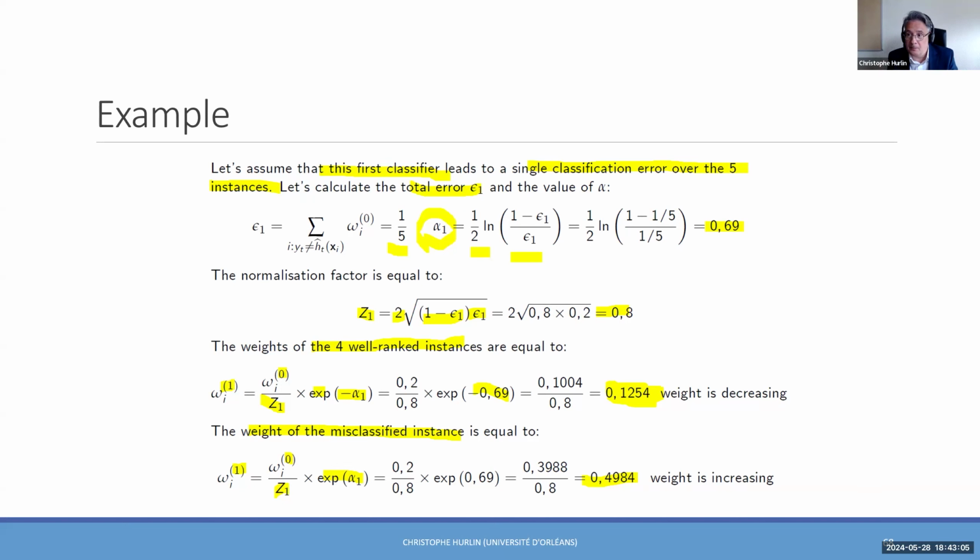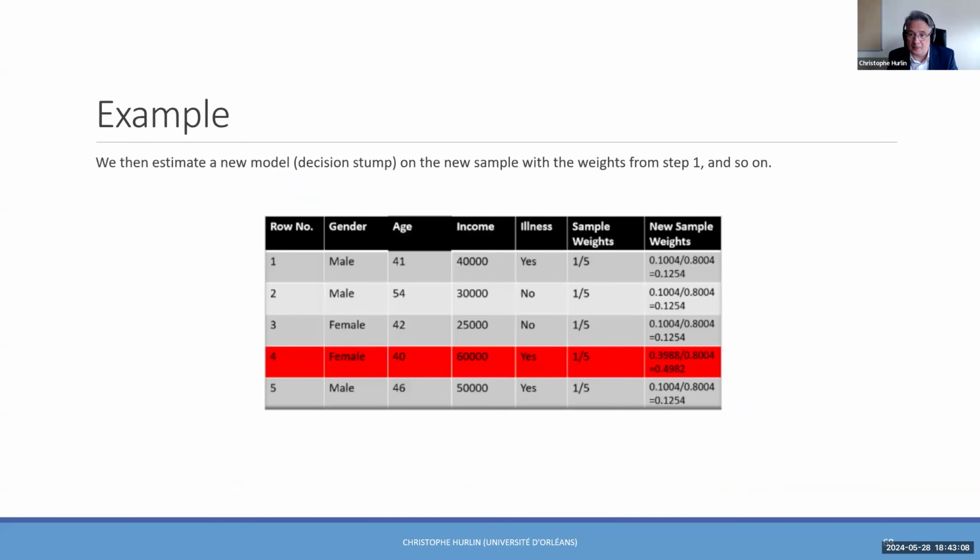It's clear? Next. Okay, so let us imagine that it is the individual for which there is a misclassification in the first stage. So now we have this weight for this individual and the other individuals have a reduced weight.